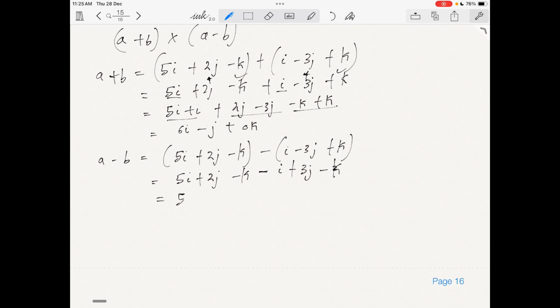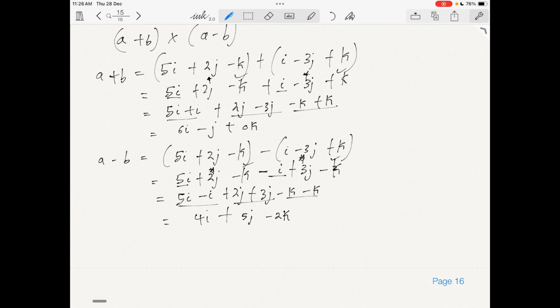So we have 5i minus i, plus 2j plus 3j, minus k and also minus k. So this will give us what? 5i minus i will give us 4i. 2j plus 3j will give us 5j. And minus k minus k will give us minus 2k.